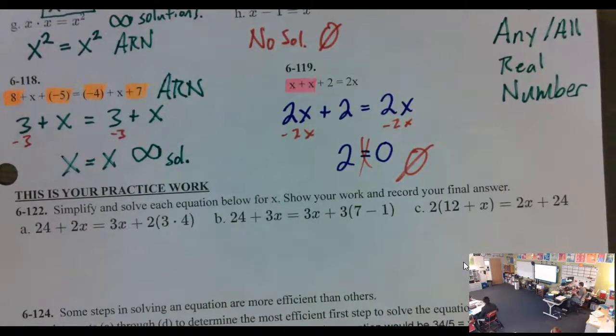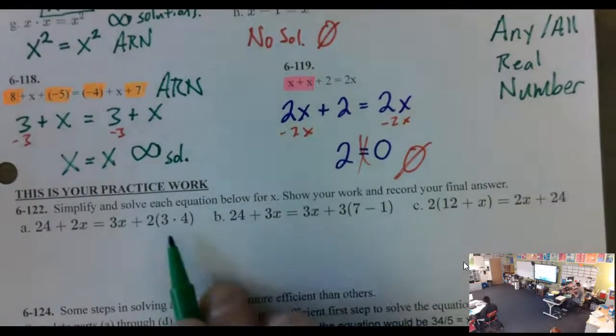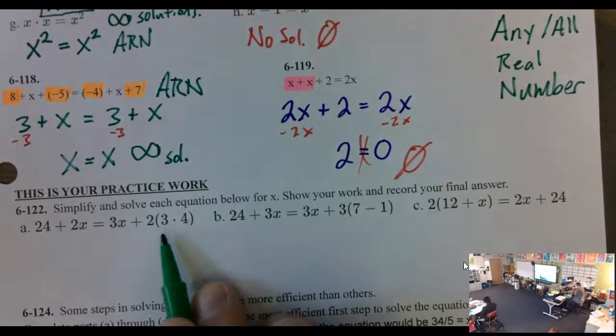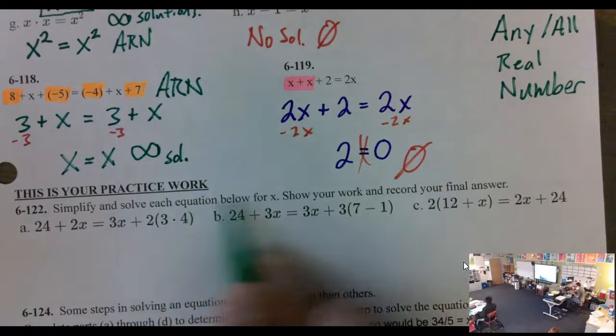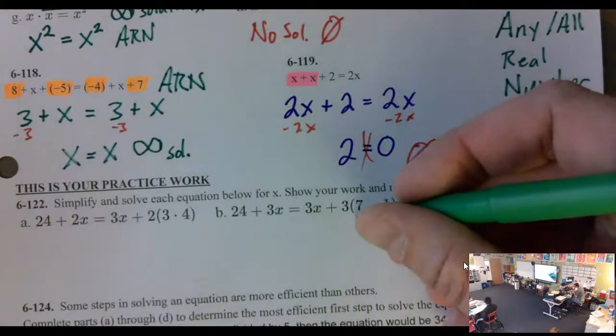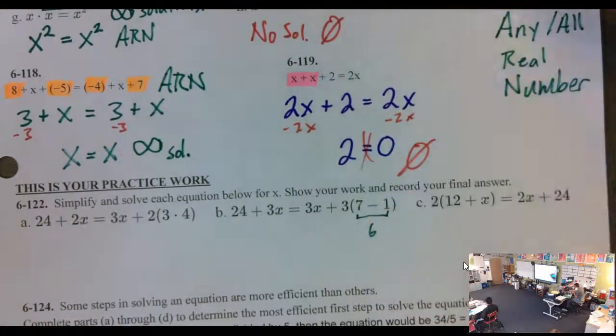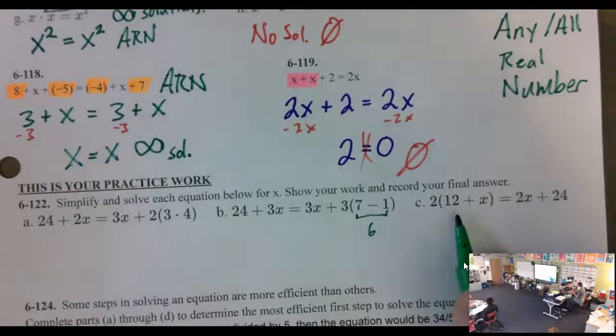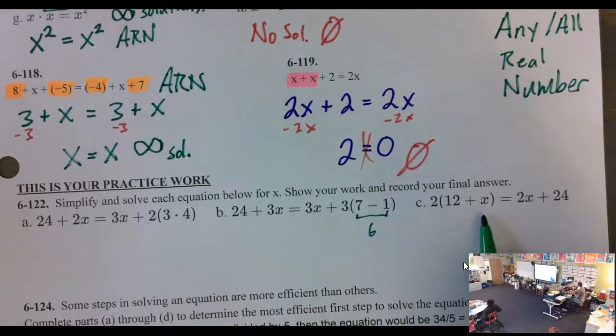Hey, I will give you hints just because we're hanging out and we got a second. Here, you can do 3 times 4. You can do that first. Here, can I do 7 minus 6? Or 7 minus 1? Yeah, and my brain went ahead and told you the answer. That is, of course, 6. But over here, can I do 12 plus x?